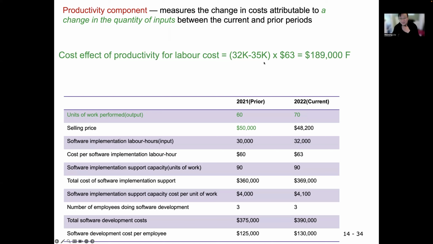So in this case, your cost is lower, right? You use fewer hours compared to the prior year. In the prior year, if you produced 70 units, you would need 35,000 labor hours, but the actual hours are only 32,000. So you save some labor hours. You have more productivity, so this cost is favorable.